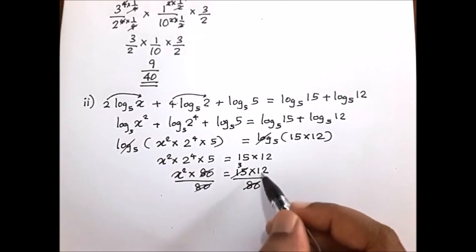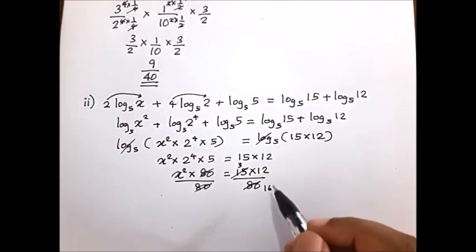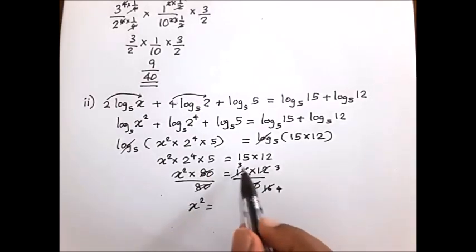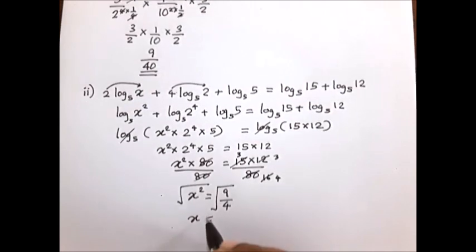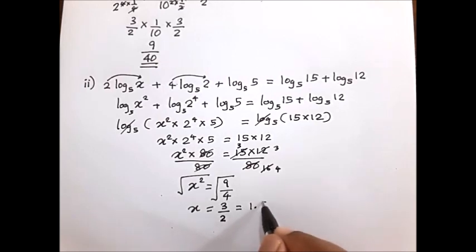You can cancel these two by 4. Here 4 and here 3. x to the power 2 equals 3 multiplied by 3, 9, and here 4. Now take the square root of both sides. x equals square root of 9, 3, square root of 4, 2, so 3 divided by 2, 1.5. This is the answer for the second question.